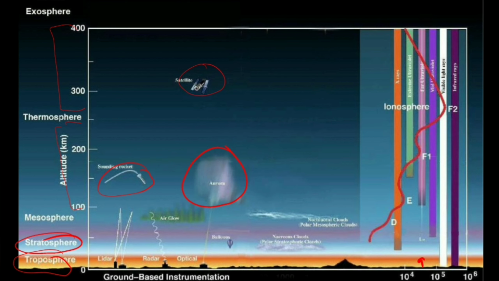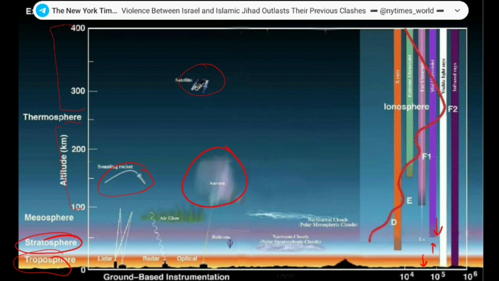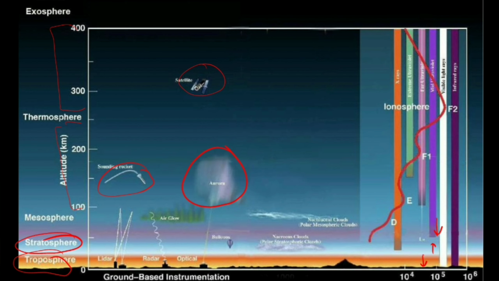In the stratosphere, as we go up, the temperature increases. I'm marking the arrows wrong. In the mesosphere, as we go up, the temperature decreases, and in the thermosphere, as we go up, the temperature increases.